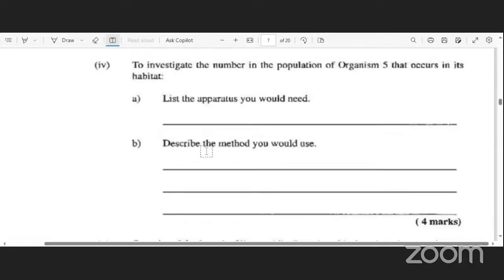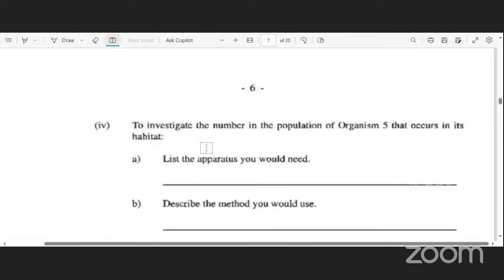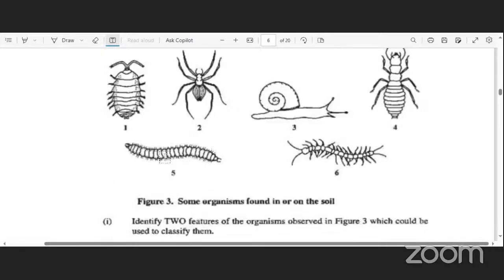Okay, to investigate the number in the population of organism 5 that occurs in its habitat, list the apparatus you would need. So in order to investigate the amount of organism 5, so this is organism 5 right here, what kind of apparatus would we need to collect data for organism 5?